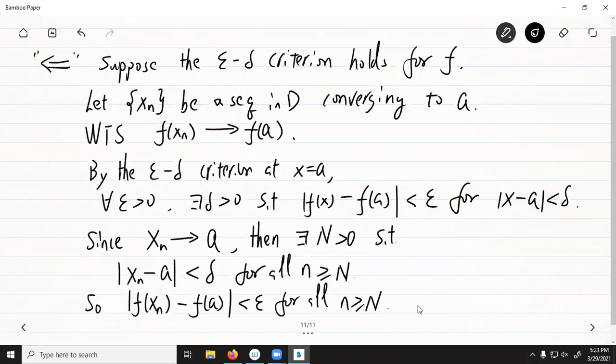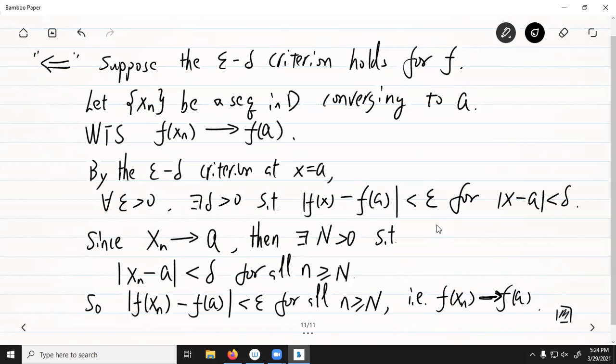So what does this mean? It means f of xn approaches f of a. Why? This is the definition of the limit for a sequence.